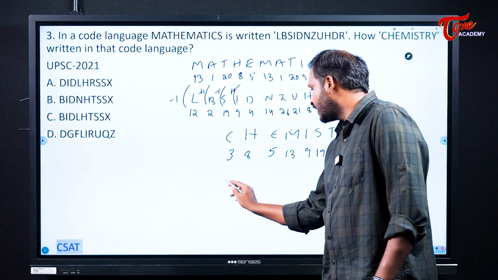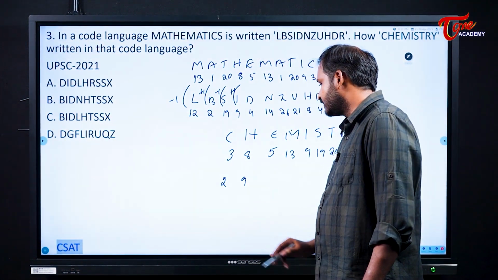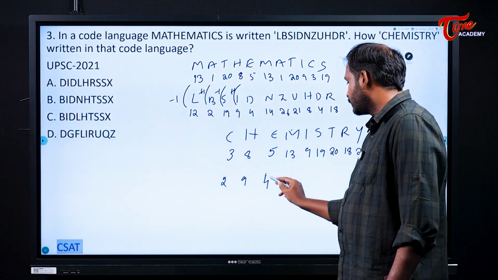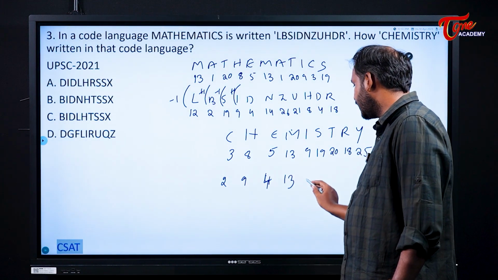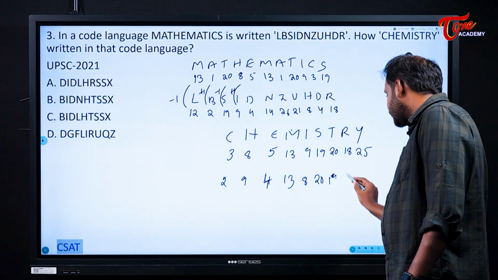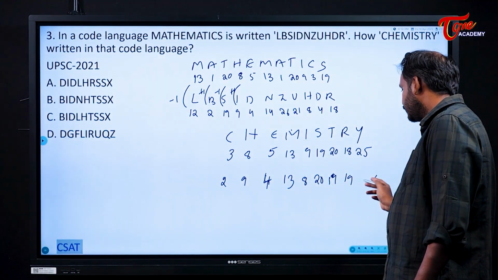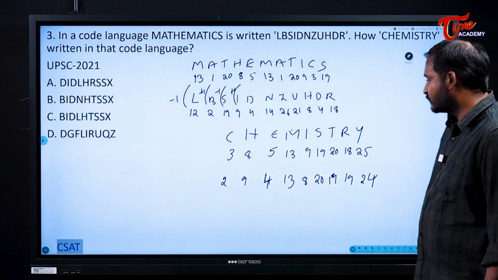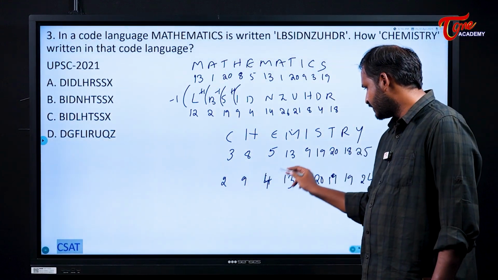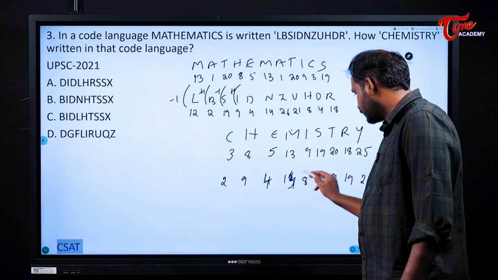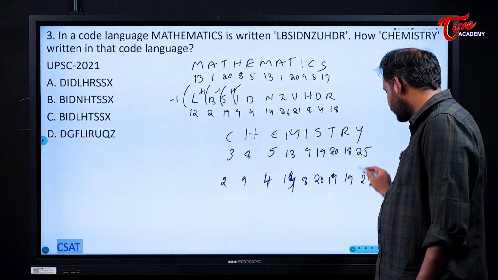So what happens to this one? Minus 1 means 2, plus 1 means 9, minus 1 means 4, plus 1 means 13. Minus 1 is 8, plus 1 is 20, minus 1 is 19, plus 1 is 19, minus 1 means 24. So minus 1, plus 1, minus 1, plus 1.